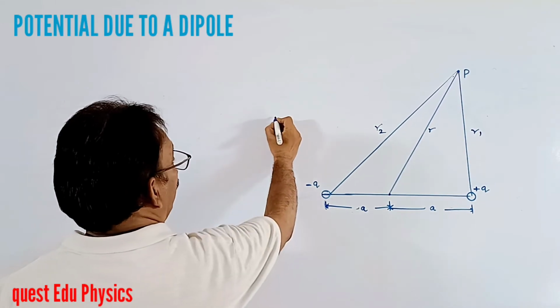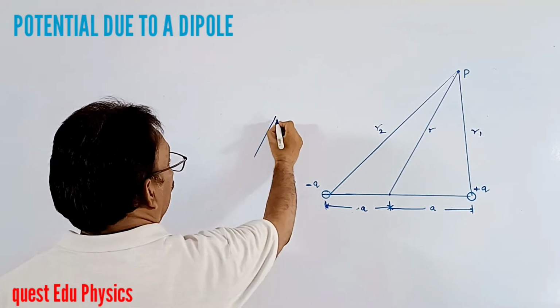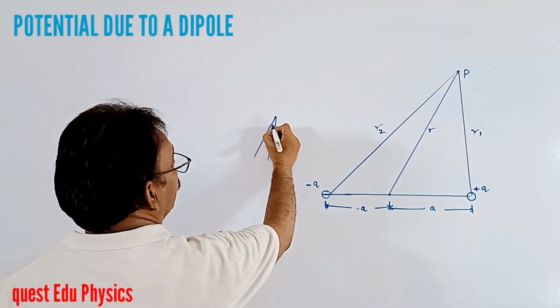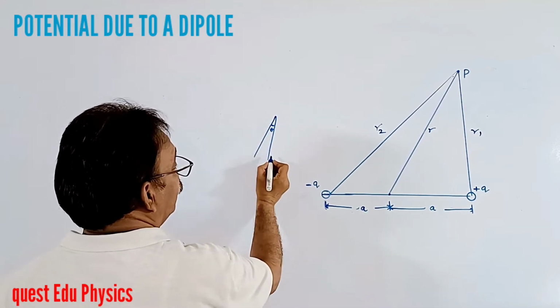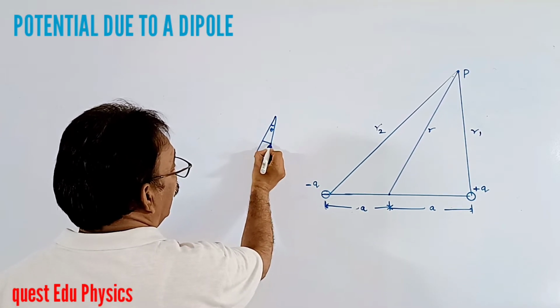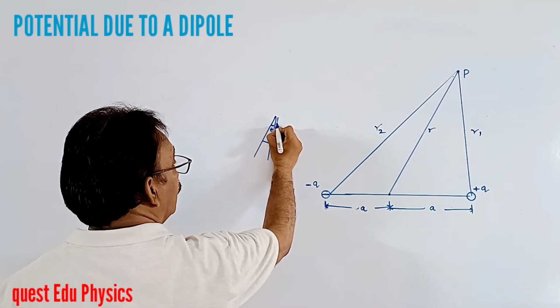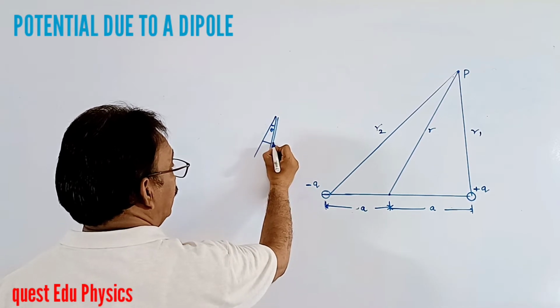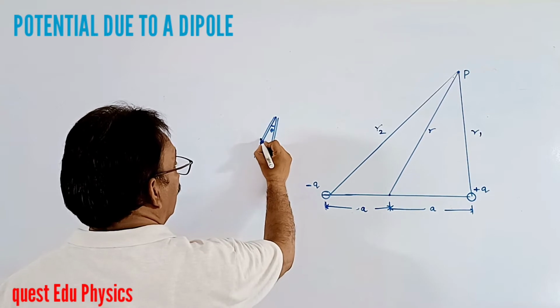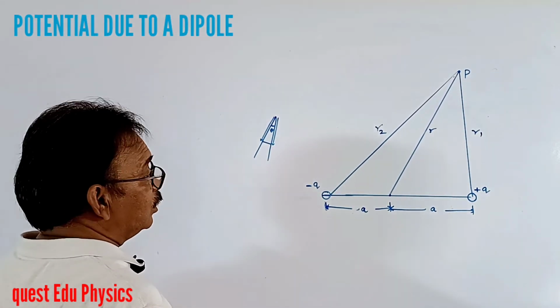For example, say two lines are very close to each other, and there is an angle between the two. If you drop a normal from any line, this length might be equal to this one. It is possible for smaller angles.